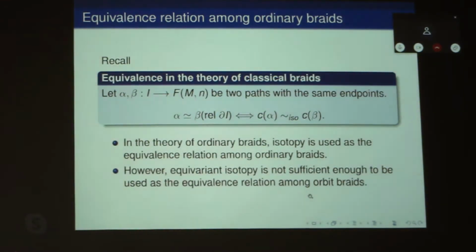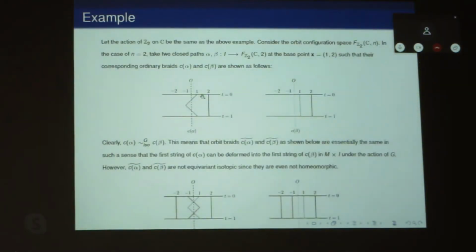Here is the example. As before, we consider these two braids. If we forget the G group, the two braids are the same. But if we consider the G action, we look at this one.